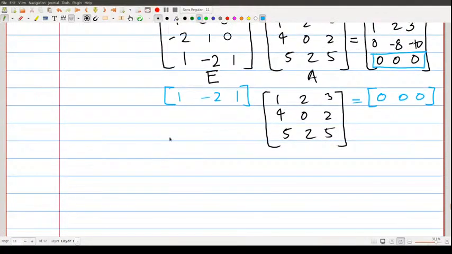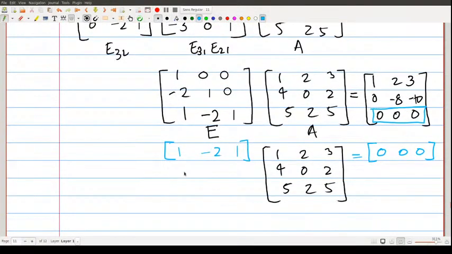And you can check this, right? So 1, minus 2, 1 will give you 1 times this, minus 8. Wait, what? Did I make some mistake? So 1 times this, minus 2, that doesn't really work out. So I get 1 minus 8 plus 5.